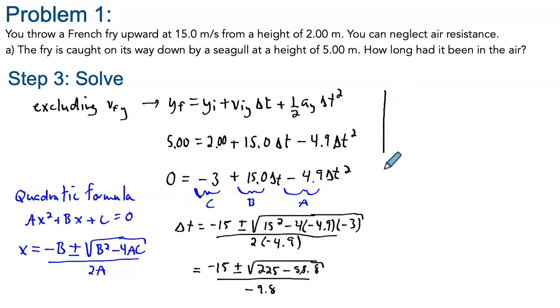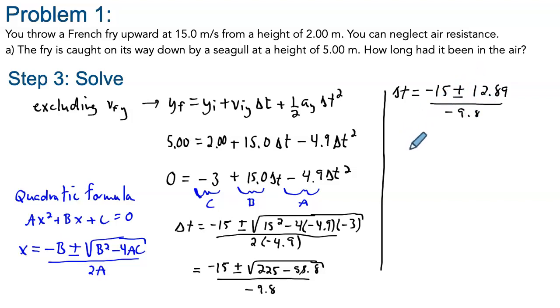We'll just continue here on the right. So then we have our delta t is equal to minus 15, and once I take the square root in here, I will get 12.89. So plus or minus 12.89 divided by minus 9.8. And I have to use both roots, so I will have two answers.